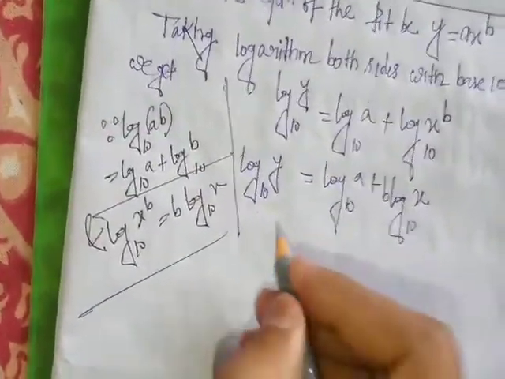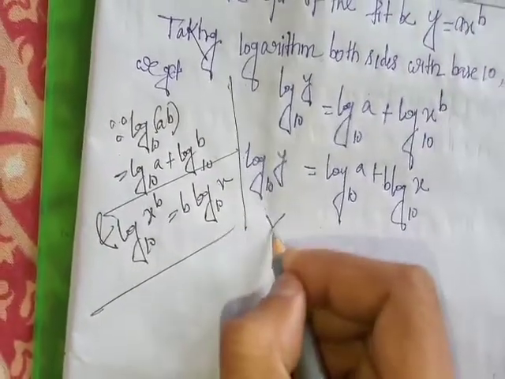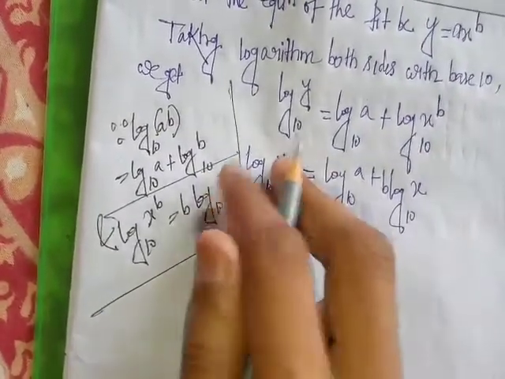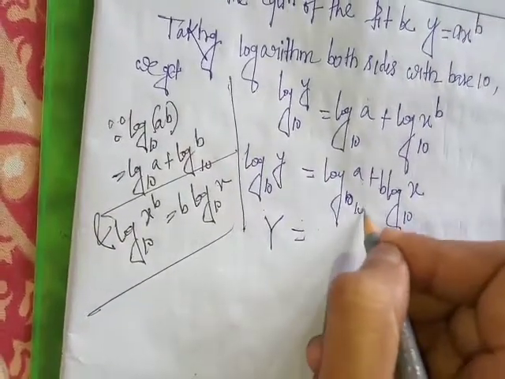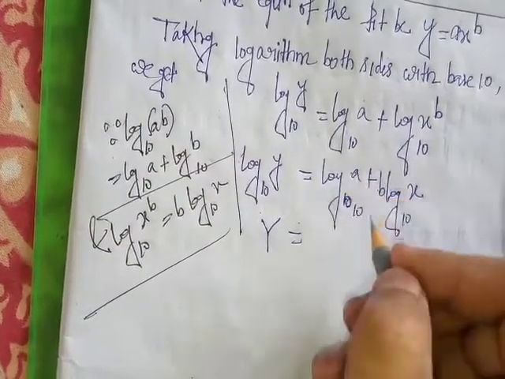Let this be equal to capital Y. This is a constant, log 10 a, where a is constant and 10 is also constant.